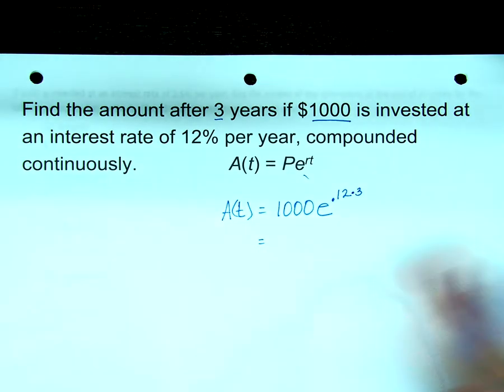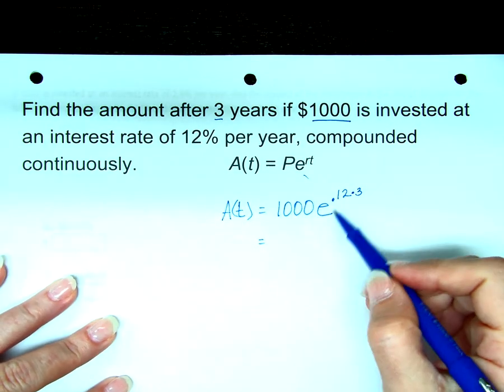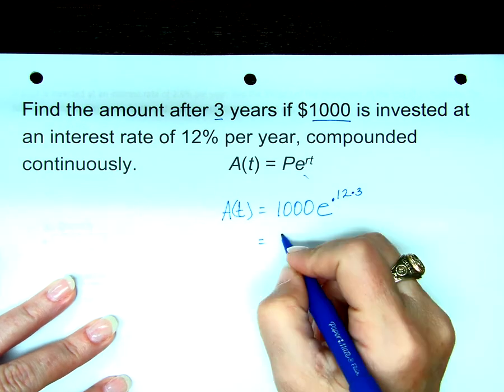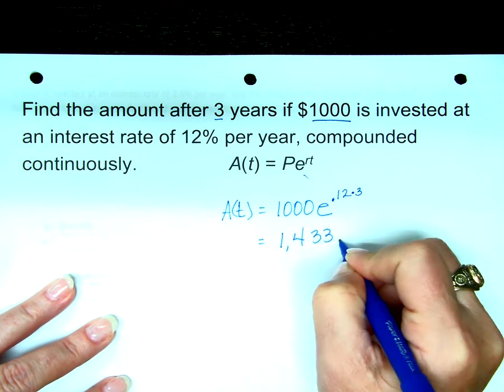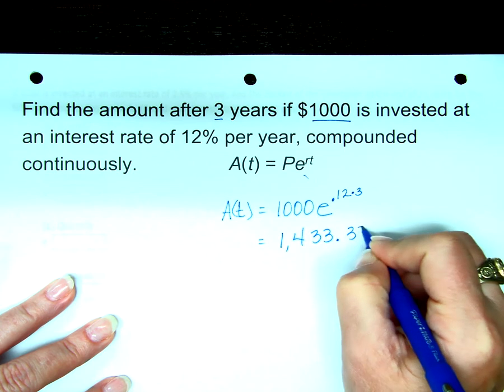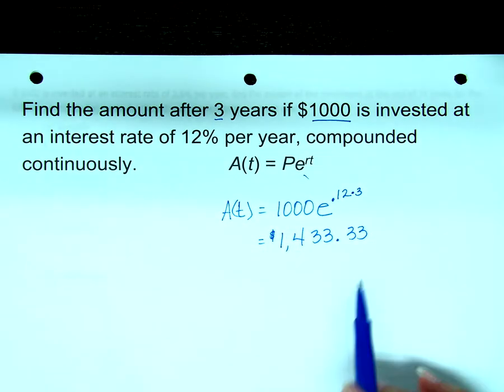That's something we put straight in the calculator: 1,000 times e raised to the 0.12 times 3. When I do that, I get $1,433.33. Put a dollar sign there. That answers the question being asked, find the amount.